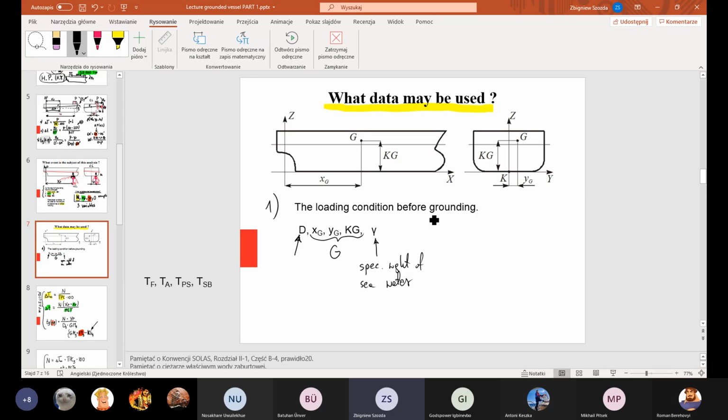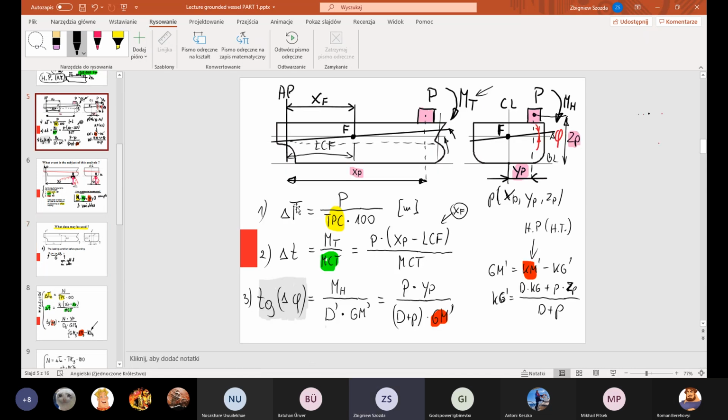And I open the discussion, and probably it will be the last step today, because there are just 14 minutes ahead of us. What can be calculated if we know displacement and position of the center of gravity, in terms, of course, of change of draft, trim, and angle of heel?